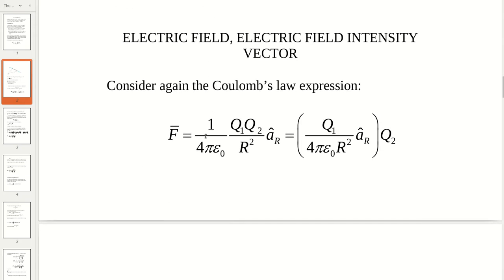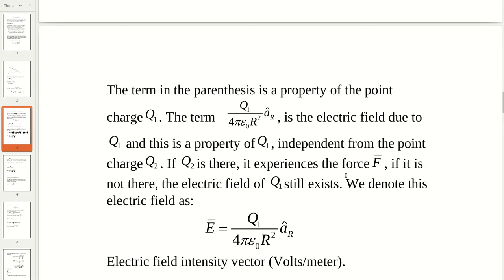Okay, now consider again Coulomb's law, but take Q2 out of this vector expression, because we have a direction and we have a value. So this is the effect of Q1, and this is the absolute value of the charge Q2.